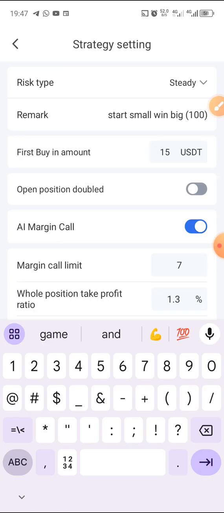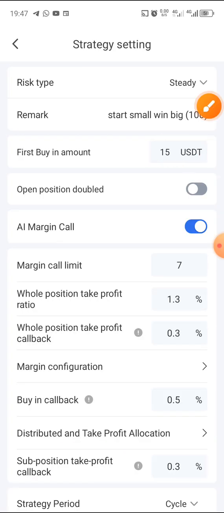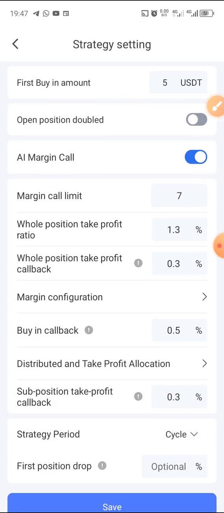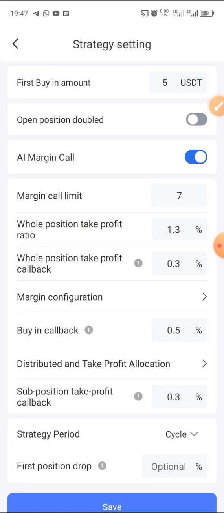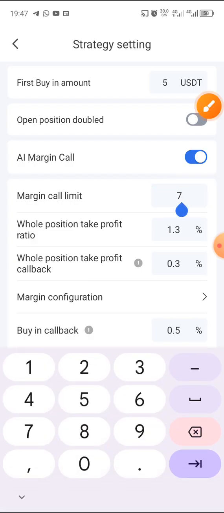So we go here. Our first buy-in amount, it's 5. The number of margin calls, or margin call limit, it's 19.